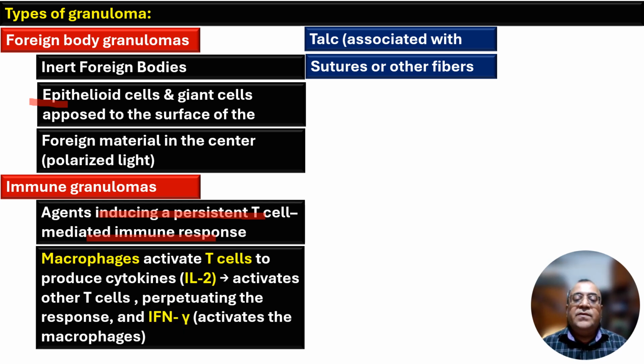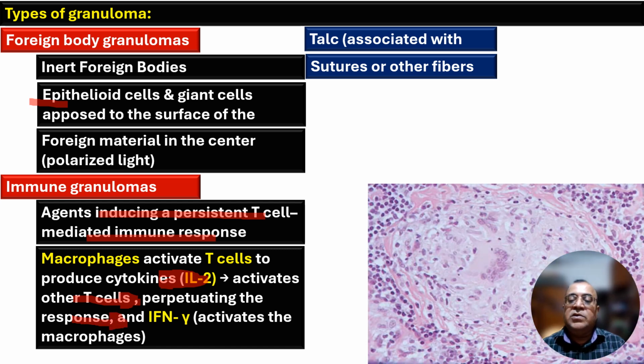Whenever T cells are activated by the macrophages, there is production of cytokines, especially interleukin 2, which activates other T cells, and there is a response that activates further macrophages and causes the release of gamma interferon.